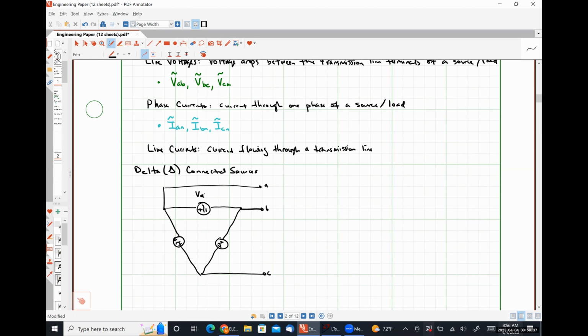So that's going to make this VAB, this one VBC, and this one VCA, like so. So that's the conventional way of drawing it. It's a delta connected source because it looks like the Greek letter delta. And then my preferred way to draw it is this guy.